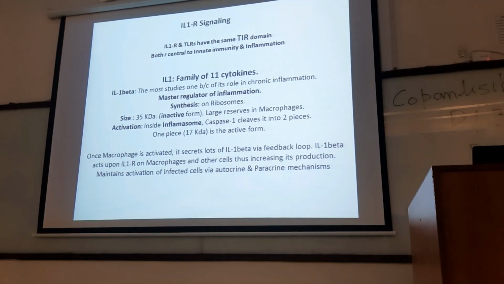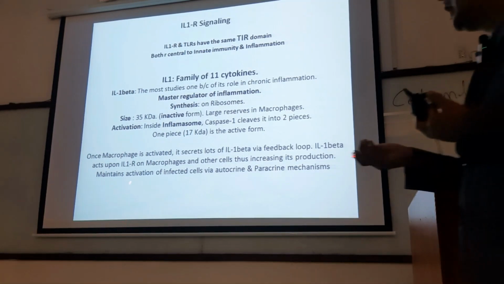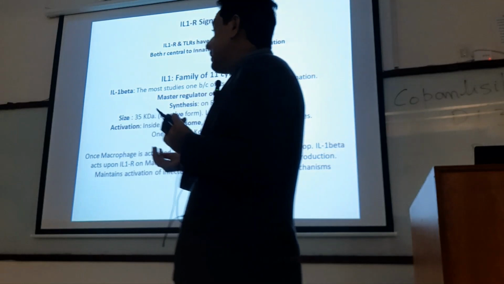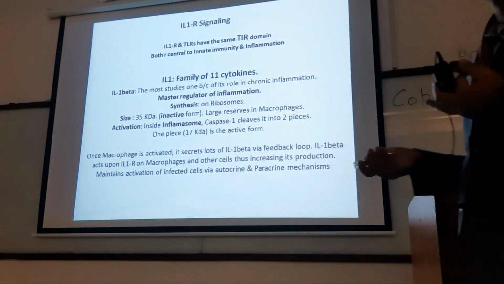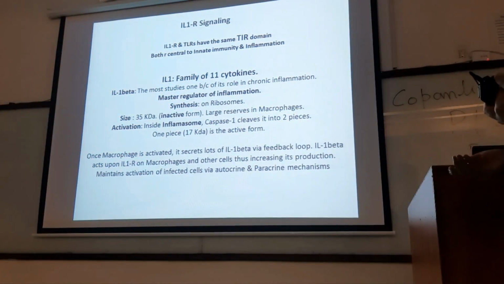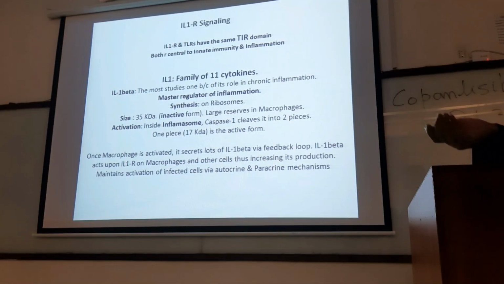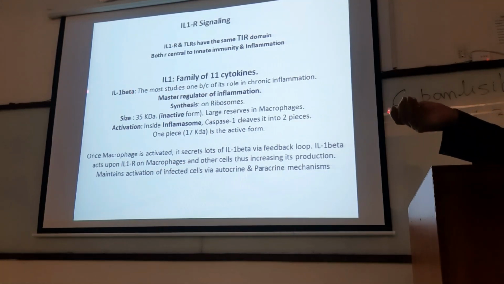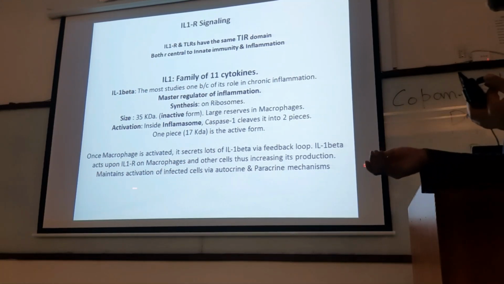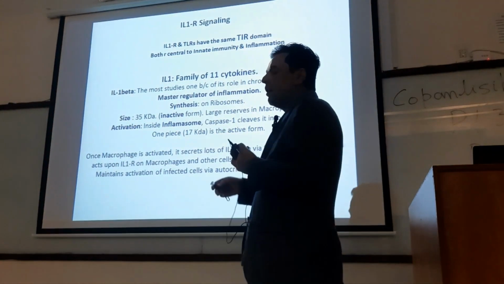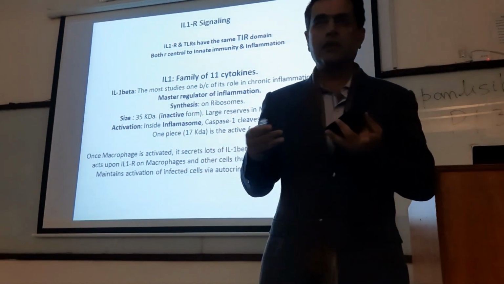Because interleukin-1 beta binds with interleukin-1 receptors on any cells where there is the receptor, and thus increases the production of this particular cytokine. So interleukin-1 beta maintains activation of the infected cells via autocrine or paracrine mechanisms.